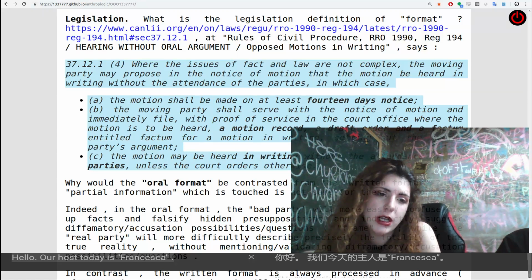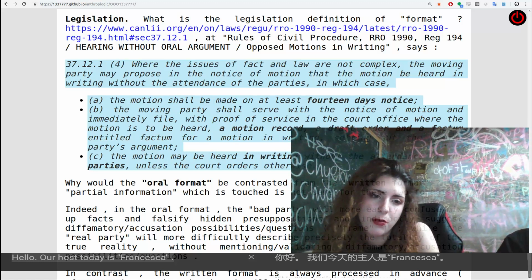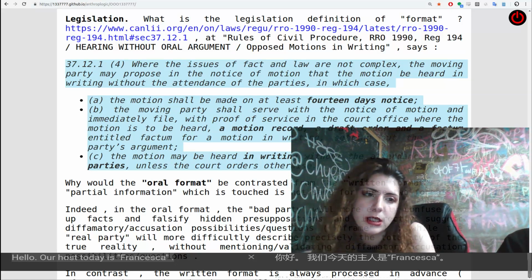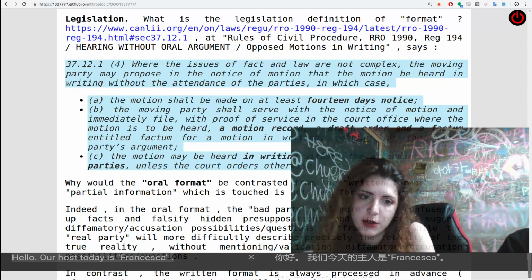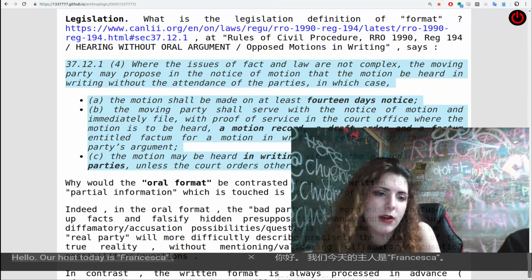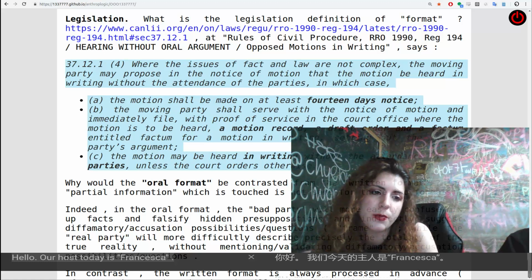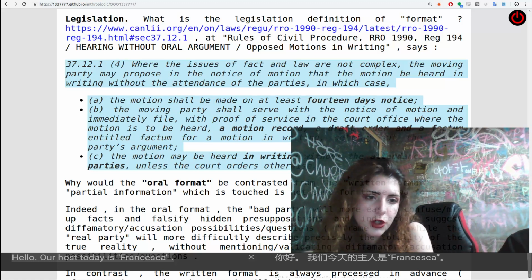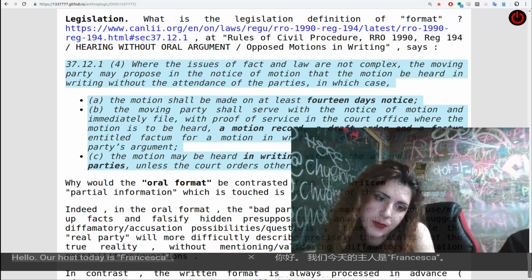B. The moving party shall serve with the notice of motion and immediately file with proof of service in the court office where the motion is to be heard, a motion record, a draft order, and a factum entitled factum for a motion in writing, setting out the moving party's argument. C. The motion may be heard in writing without the attendance of the parties, unless the judge orders otherwise.